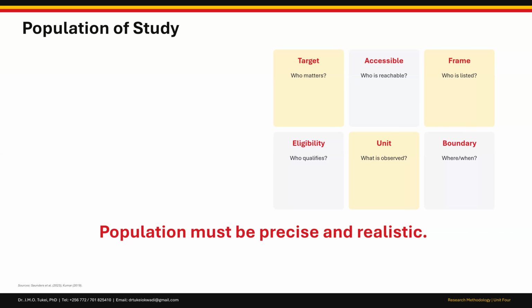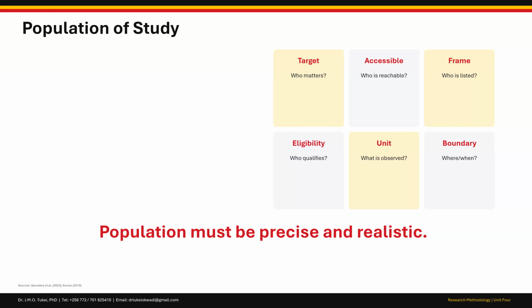And I want to say that, maybe if I can give a practical example. A vague population normally weakens sampling, maybe even the sample size determination. Sometimes somebody will say the population is all Ugandans. So what are you talking about?